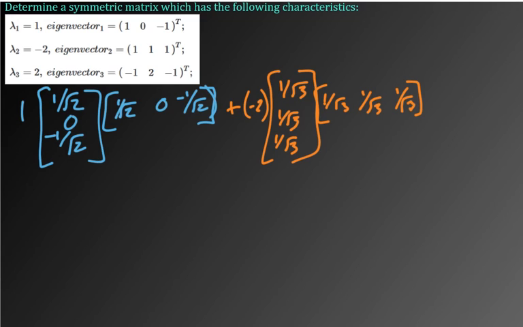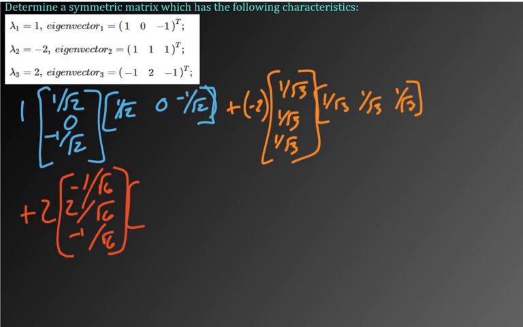And then last but not least, I think I ran out of room here, 2 times, my lambda 3 times negative 1, 2, negative 1 normalized, which is negative 1 over root 6, 2 over root 6, negative 1 over root 6. And then, again, multiplied by the transpose.